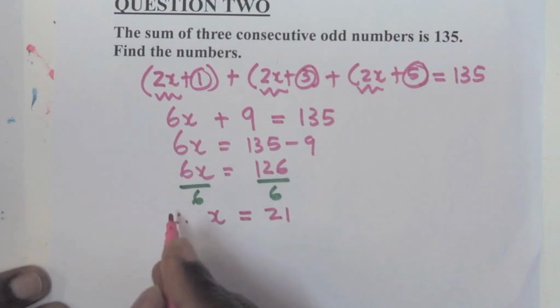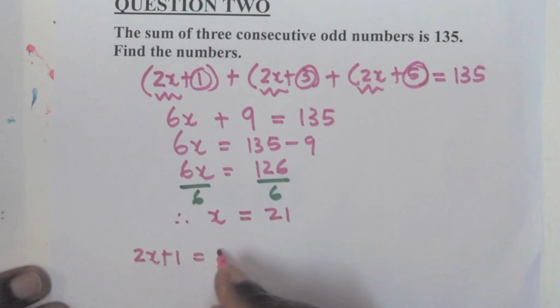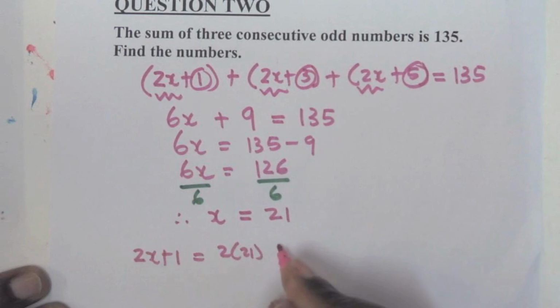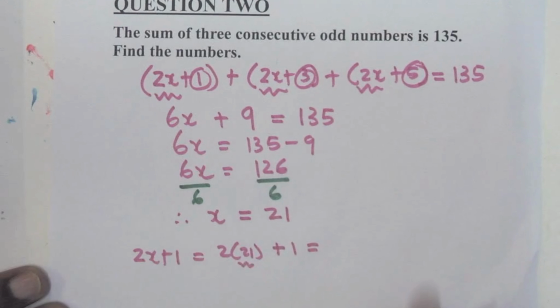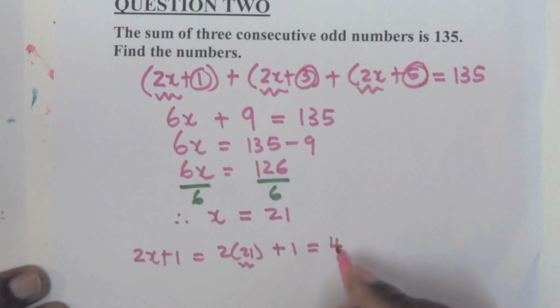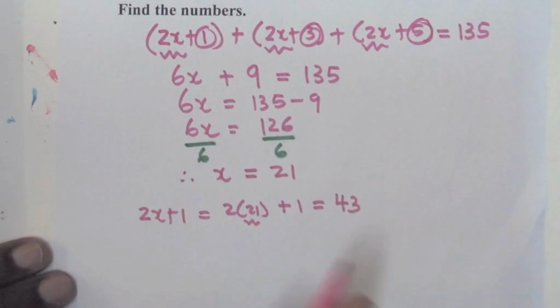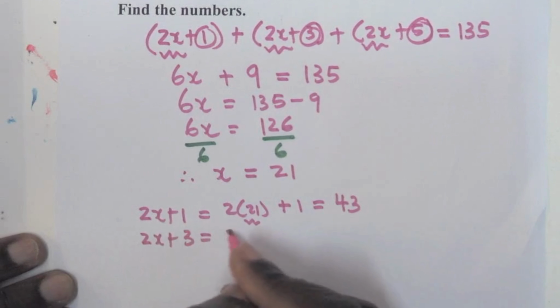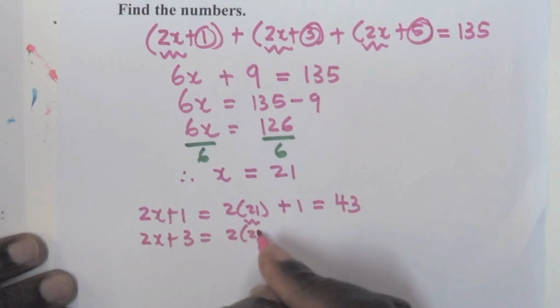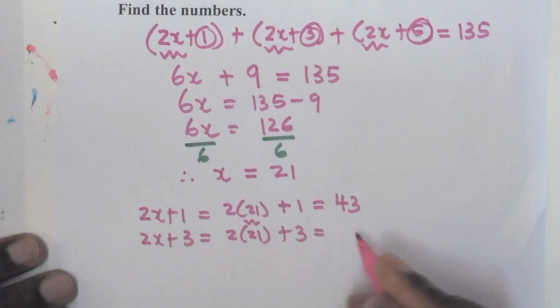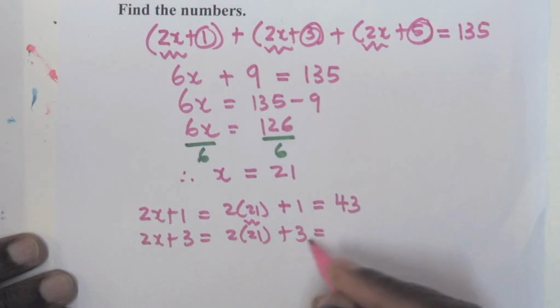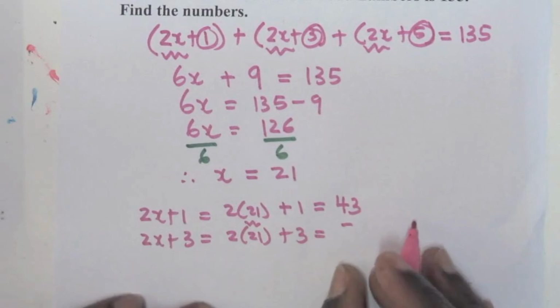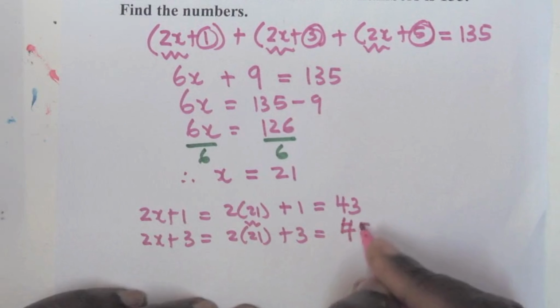Now I can write down the consecutive terms. I'm going to say 2x plus 1, then I'm going to substitute 21 here, and then my answer here is going to be 43. And then if I move on, 2x plus 3, if I substitute, I'm going to get 42 plus 3, which gives me 45.